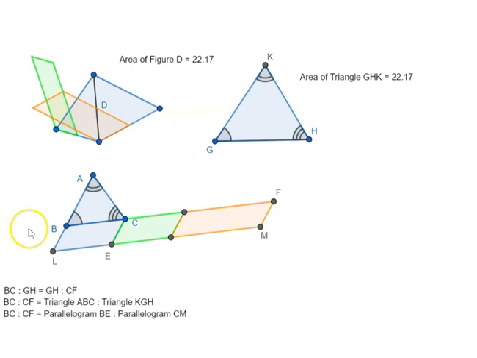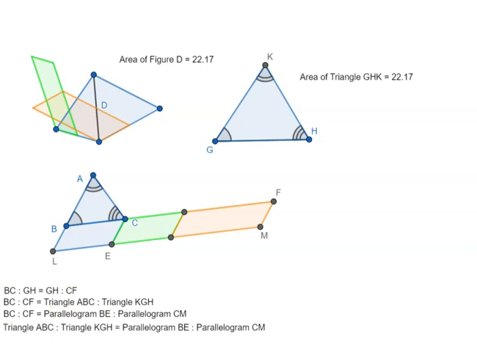We also know BC is to CF is equal to parallelogram BE is to parallelogram CM. Basically, parallelograms are proportional to their sides. Here, BC is to CF, BC is to CF, so they have the same ratio with respect to these two.